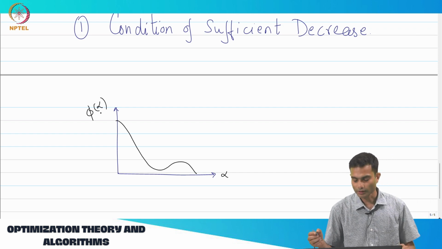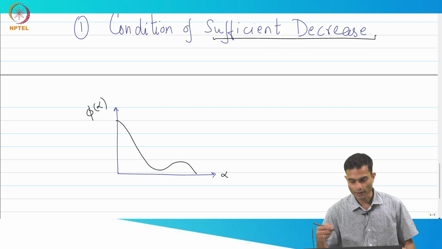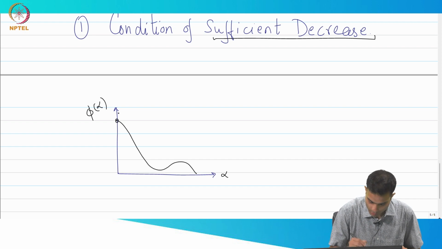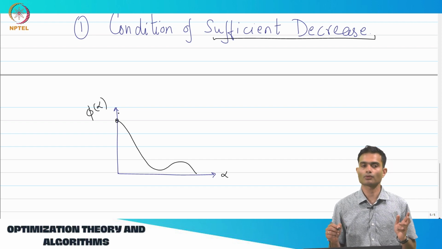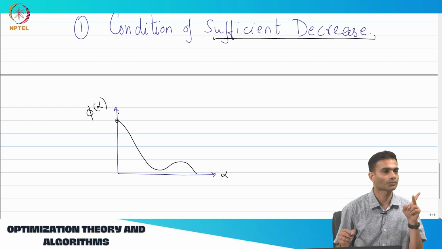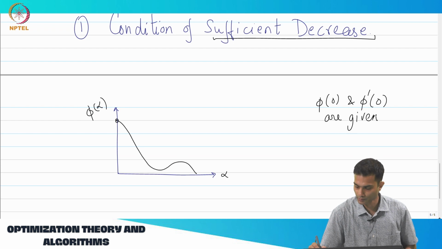Now the condition of sufficient decrease, we will come to it more precisely soon. Supposing at alpha equal to 0, I give you two pieces of information. I give you the function value and I give you the derivative. So phi of 0 and phi prime of 0 are given, right.